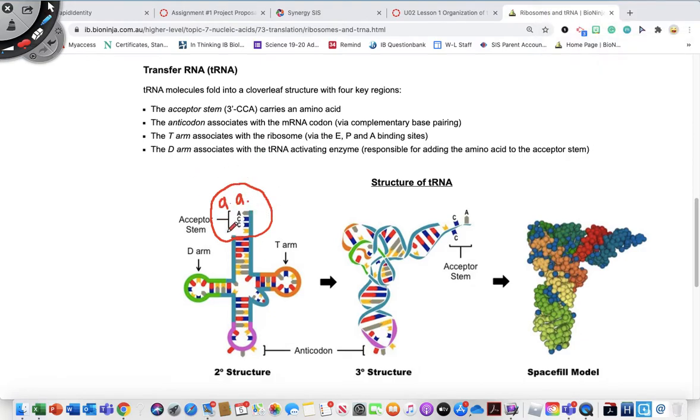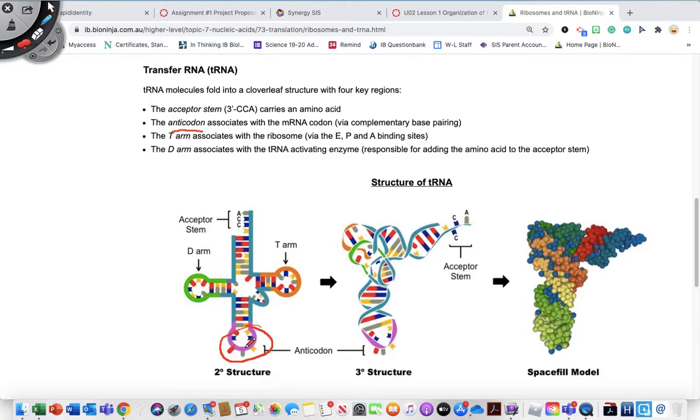So remember that I told you that as each transfer RNA brings an amino acid, the amino acid chain is going to grow, and that's how you're going to end up with a very long protein or very short protein, whatever protein it is you need to make. The other part of the tRNA that you are to recognize is the anticodon. And you probably remember this from last class. But the anticodon is this tip of the tRNA.